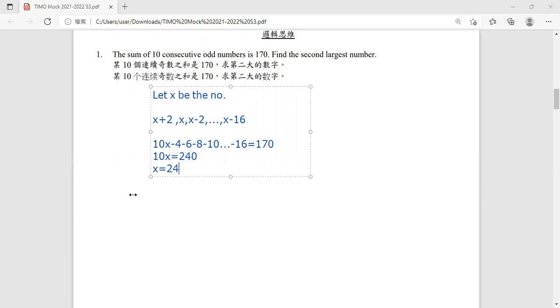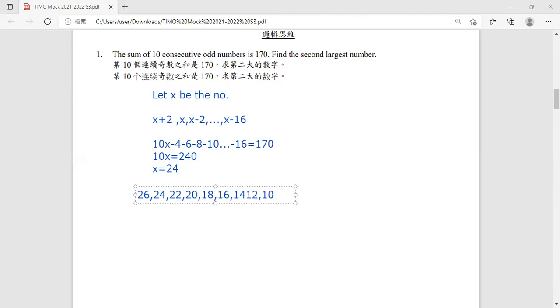But you will find that because you have 26, 24, 22, 20, 18, and so on, down to 12, 10, and 8.